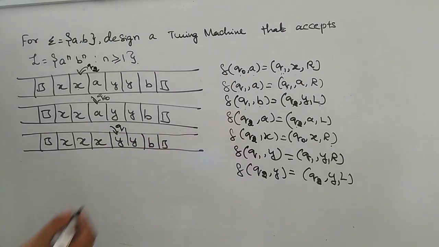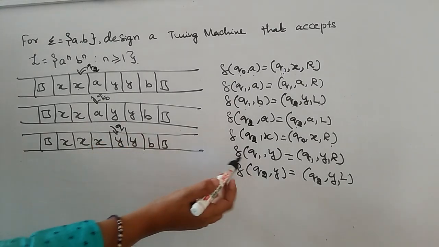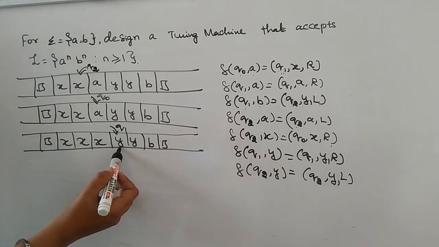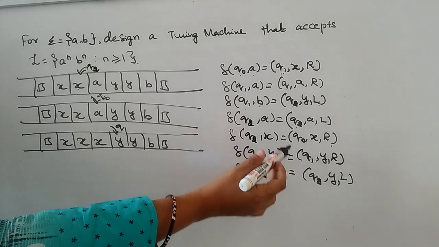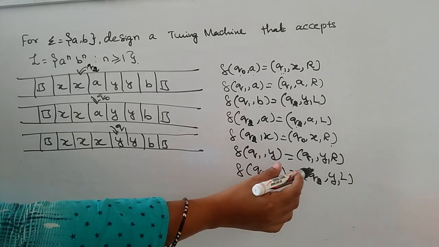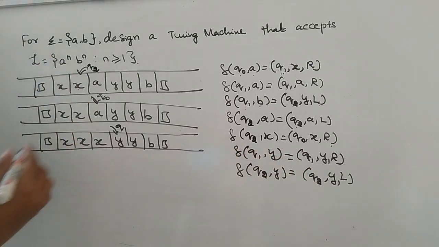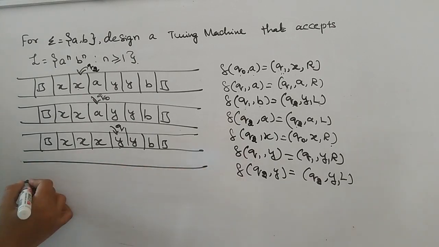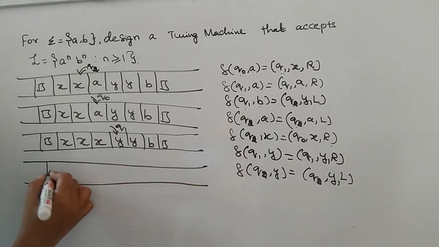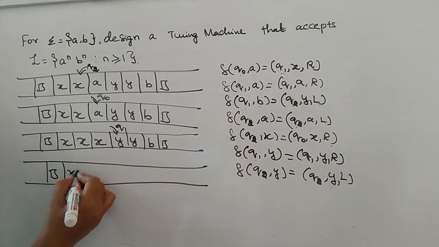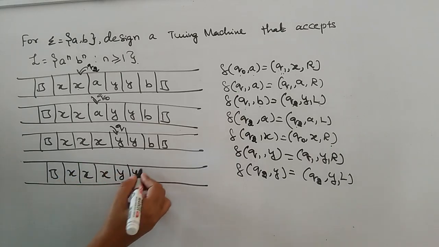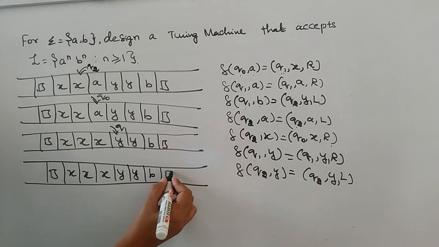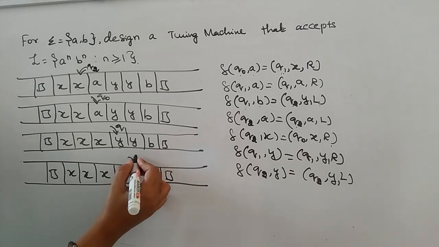Now consider here, if the machine is in the state q1 and the read write head is pointing to the symbol y, simply we are going to move the read write head towards right as we said earlier. So what I am going to draw here is blank symbol, x, x, x, y, y, b, blank. Now it's pointing to the symbol here.